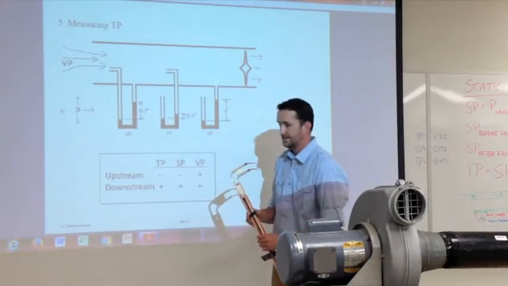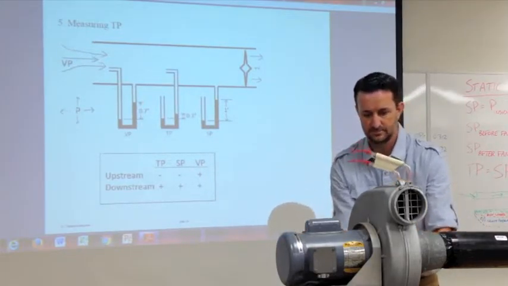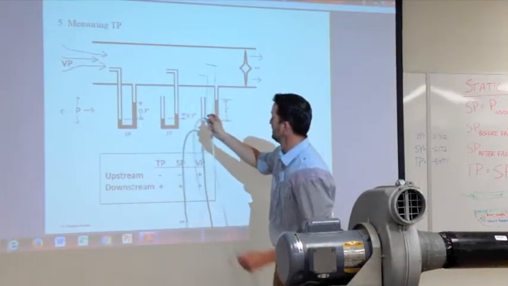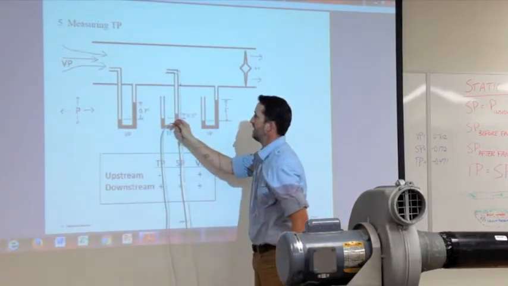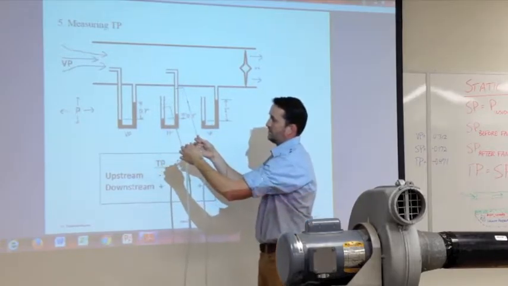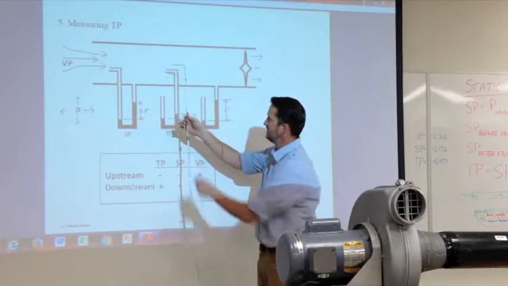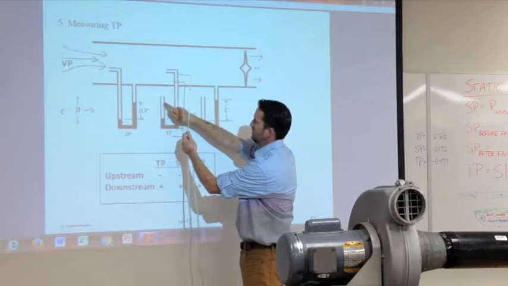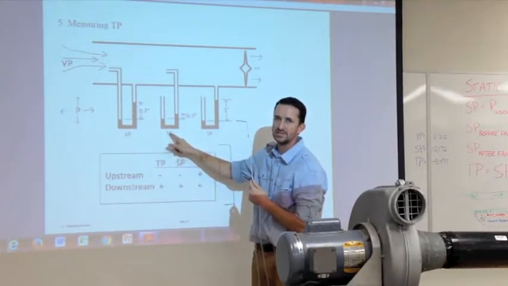Okay. Now, if I change things around a little bit, if now I measure the pressure coming in there, but then I do not measure the pressure from the sidewall, so in other words, I pop this tube off like that. Now I'm getting the velocity pressure against the ambient pressure, which will tell me the total pressure inside the duct.